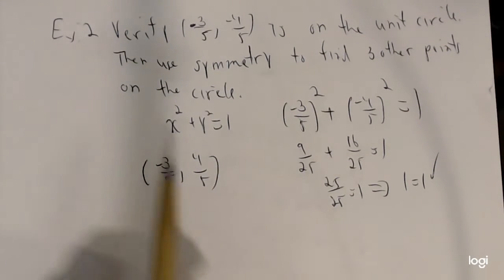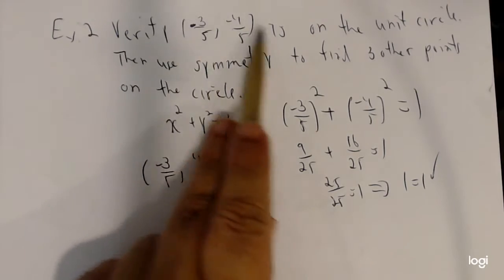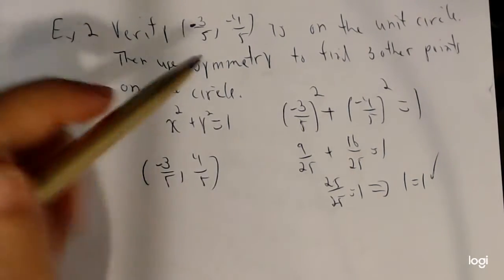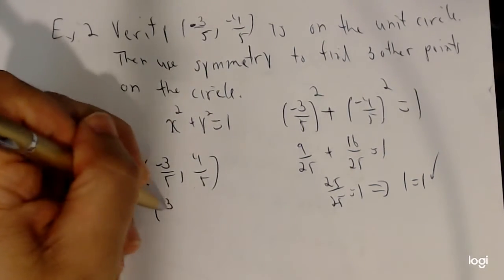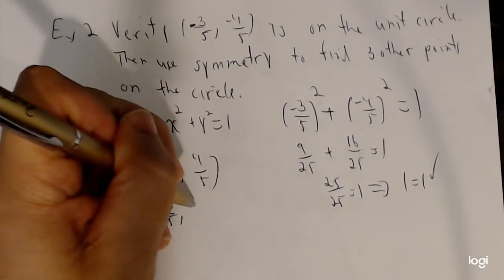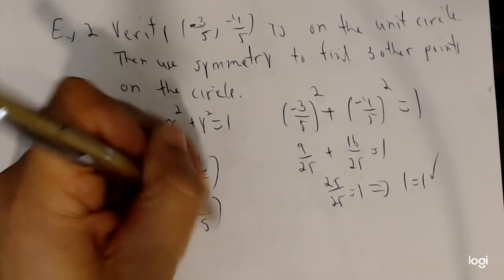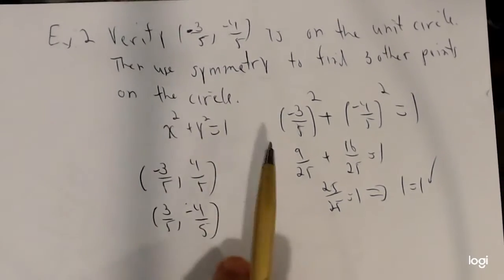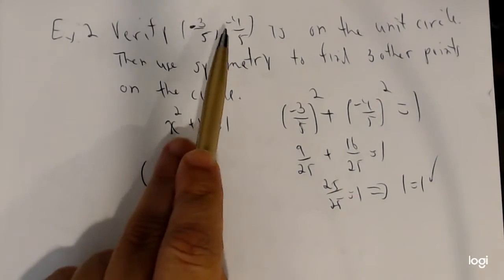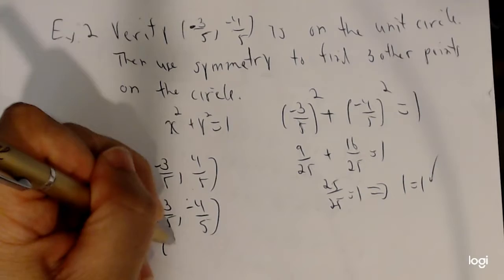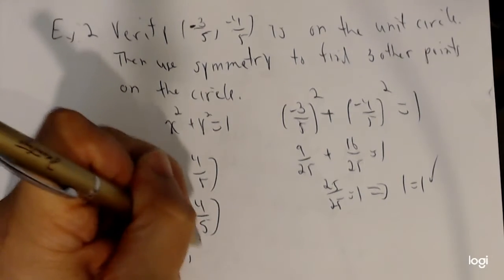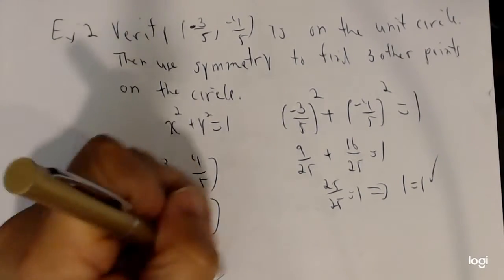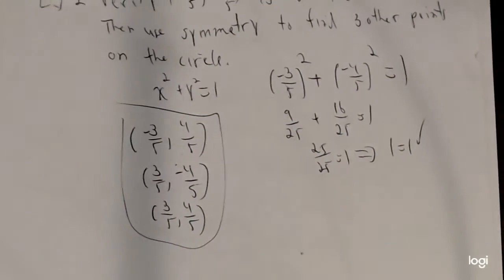Now, it's also symmetric with respect to the y-axis. So if this point is on the circle, then so is 3/5, comma negative 4/5. And lastly, since it's symmetric with respect to the origin, negative 3/5, comma negative 4/5 is on the circle, which means 3/5, comma 4/5 is on the circle. So those are the other 3 points we found through symmetry.